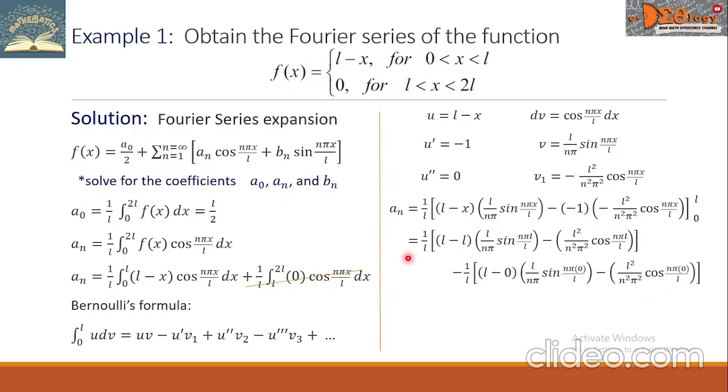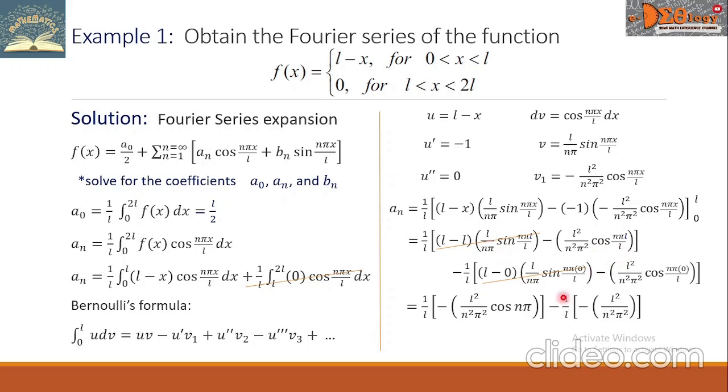So we have now these two big groups. Let us now simplify some terms. Look at this L minus L. It becomes 0. So this pair of factors becomes 0. Also, look at this sine of n pi times 0. This is now 0 over L, so this is now sine of 0, and this will make the whole pair of factors to be 0.